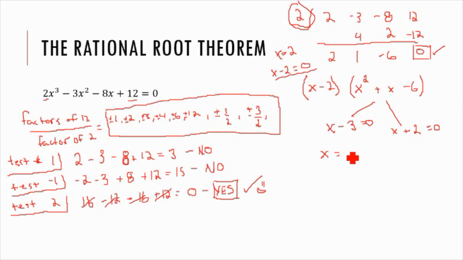And I get x equals 2 and x equals negative 3. And there you have it. Those are all 3 of our roots. Why 3? Because the polynomial is of degree 3, therefore there are 3 solutions. And those 3 solutions are negative 2, positive 2, and 3.